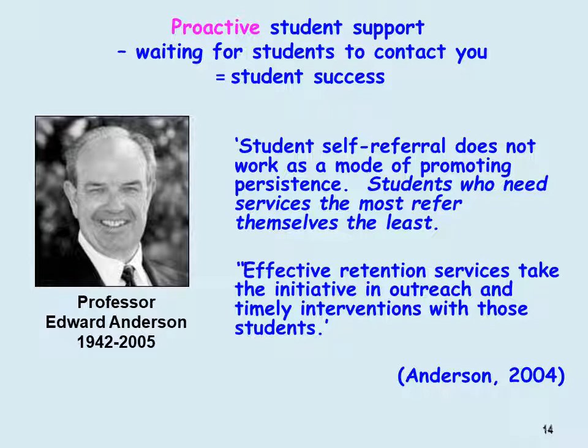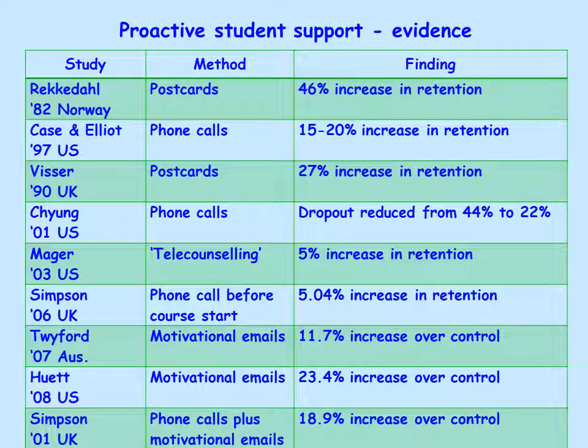There's a lot of evidence that proactive support actually works. This table records a number of studies from around the world that show the results of proactive student support. I've collected these over quite a few years, but you'll find many other studies out there as well.